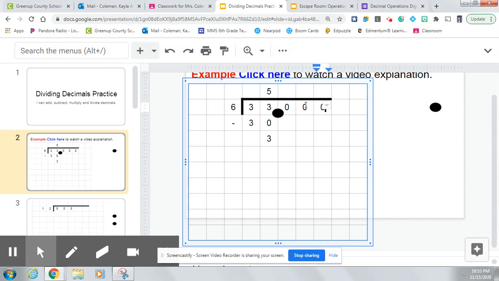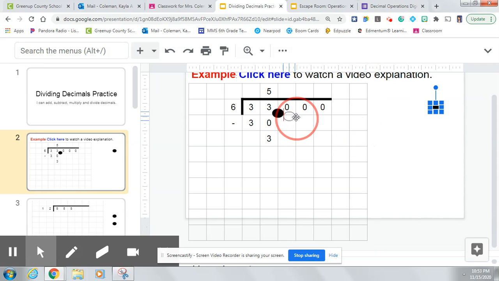However, since I've added zeros to the decimal, I can also bring these zeros down into my work. And also, since I added a decimal, I have to also put a decimal in my quotient, my answer. So I'm going to go ahead and bring my decimal straight up.